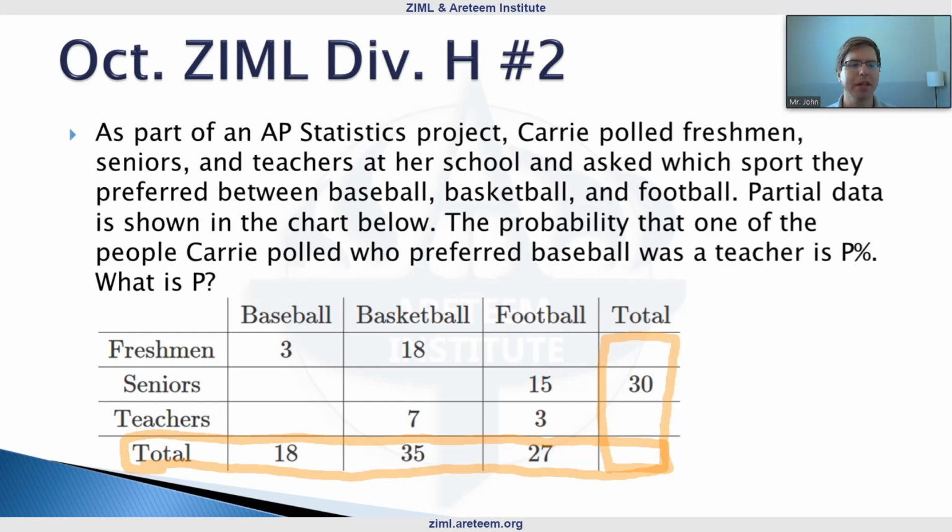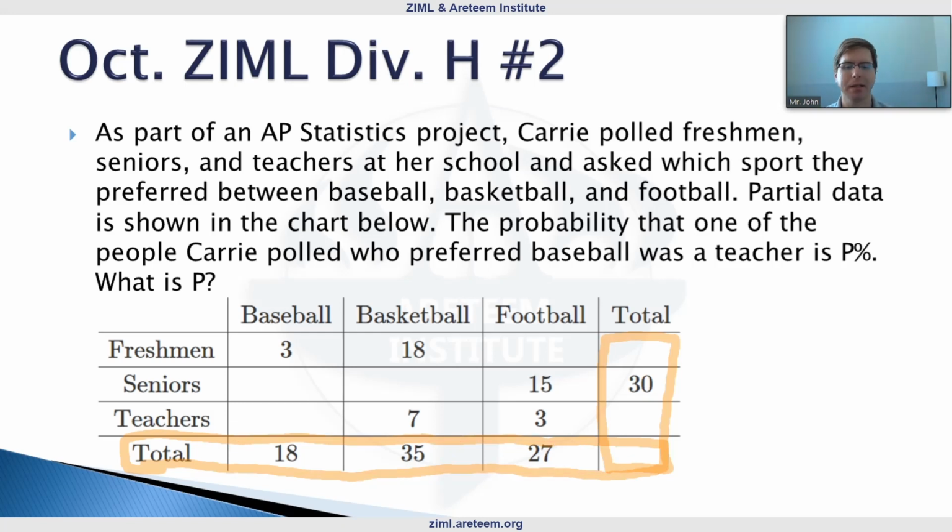When we're thinking about this, we're just using information one thing at a time. Anytime there's a row or column with one missing, we should be able to fill that in. In total, 18 like baseball, 35 like basketball, 27 like football.